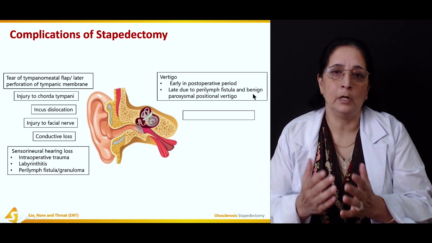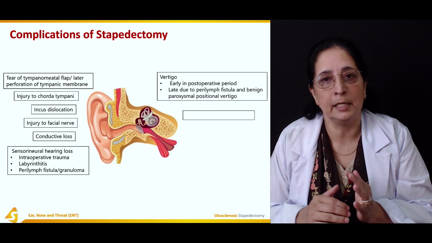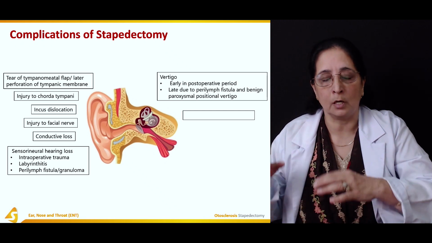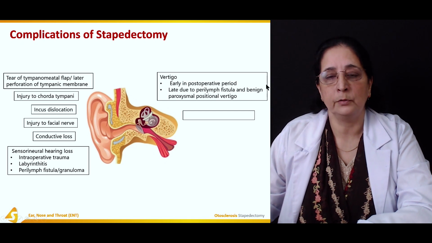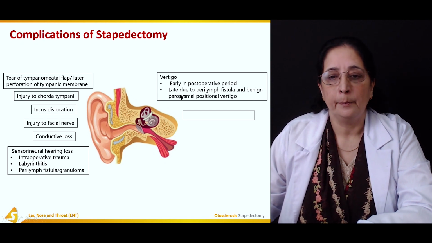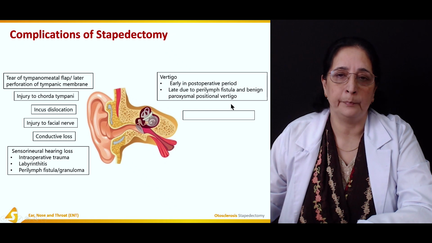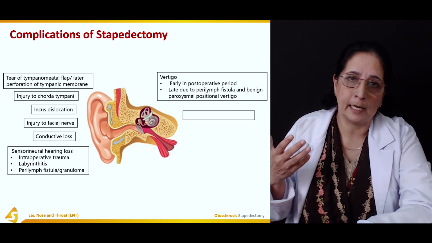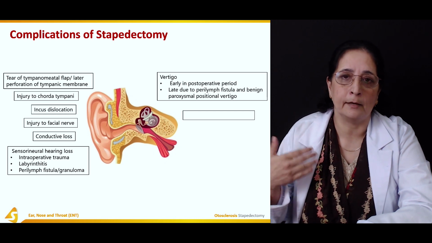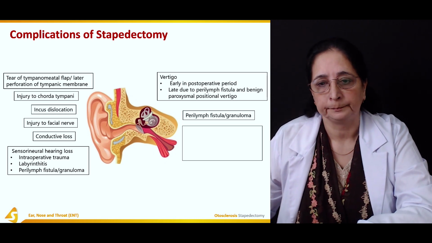So if a fistula is formed during the surgery, it can lead to vertigo due to drainage of the fluid, and it can also cause benign positional vertigo. If the patient sits after standing or stands after sitting, they can have dizziness or vertigo.